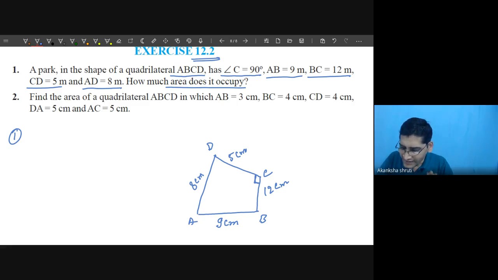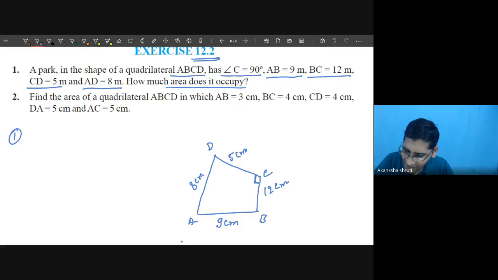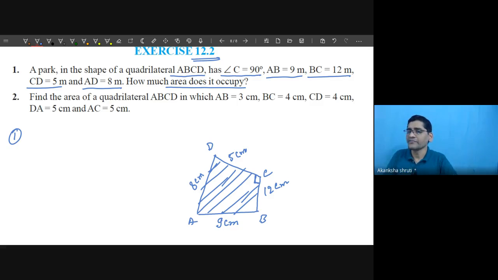Then we need to find the area of this quadrilateral. So how to find the area? Just by knowing the 4 sides of a quadrilateral, area cannot be calculated.